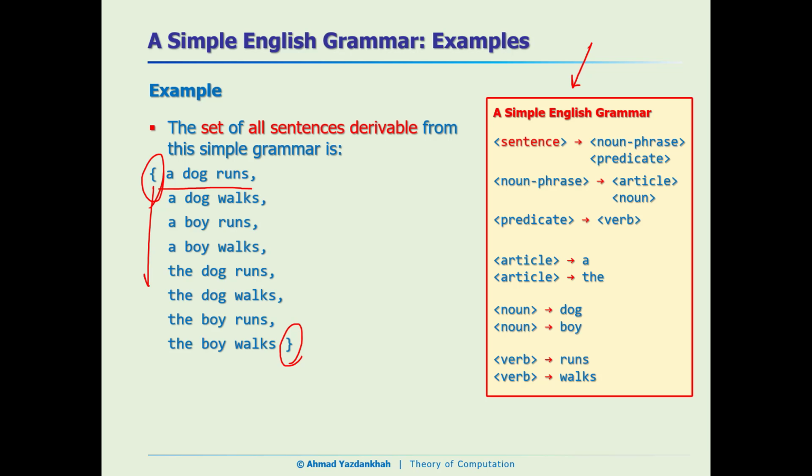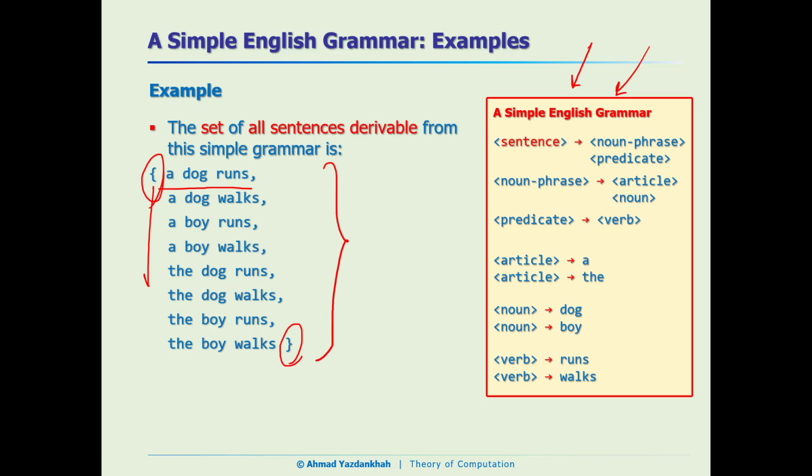Okay, now since we are here, let me ask this question. What can I call this set? It is a set of sentences that we can derive from this grammar. In other words, this grammar can produce or generate these sentences.